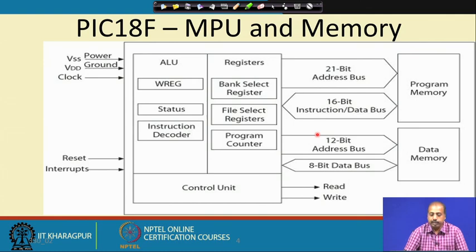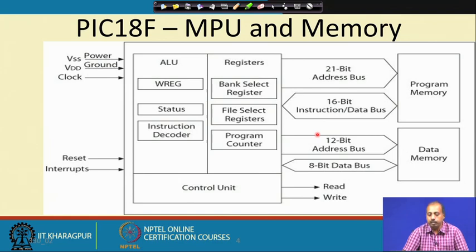And we have the registers, like the bank select register, so you can select the alternate register bank. You can have the file select register. There are also some special function registers, which can be selected by that. Just like in 8051, the registers are also part of memory. Here also it is the same thing: registers form part of the memory, and there is no other CPU register as such.